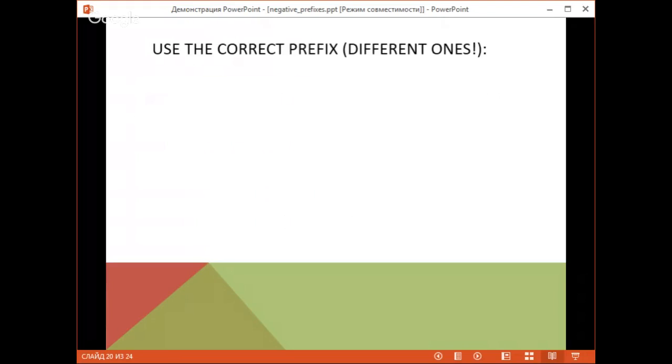So right now we need to use all the previous information that we have just heard, and we will try to choose the correct prefix. Be attentive because there are different ones, maybe un or in or il or ir. I don't know. You are experts. It's your turn to decide. So my grandfather just couldn't stop smoking.